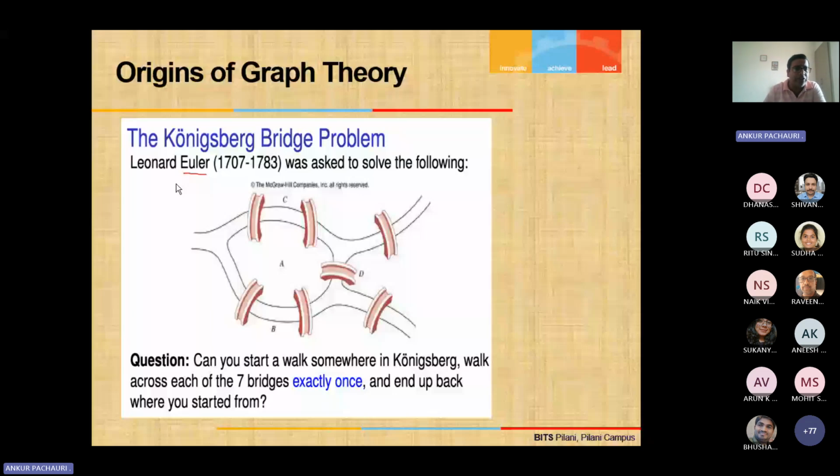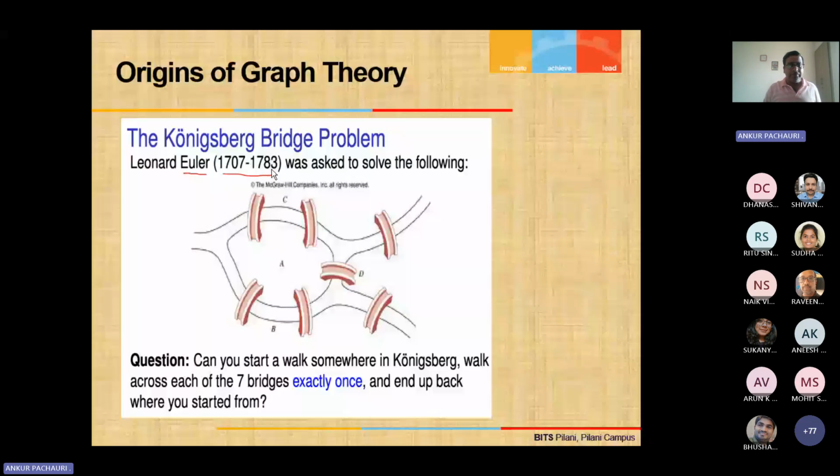He was born in 1707 and lived till 1783, and during that tenure of around 76 years, he worked a lot in the area of mathematics, especially graph theory. There are Euler diagrams, Euler graphs, and some Euler theorems too. He was a good mathematician working in the area of graphs and algebra.